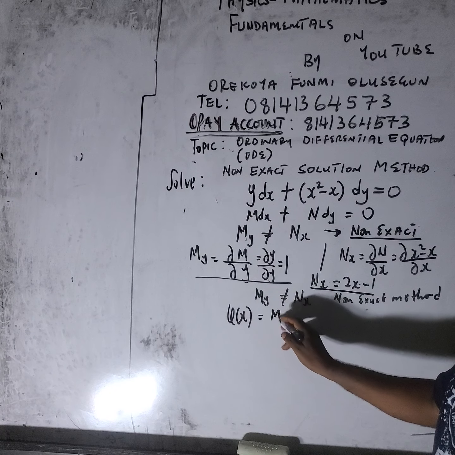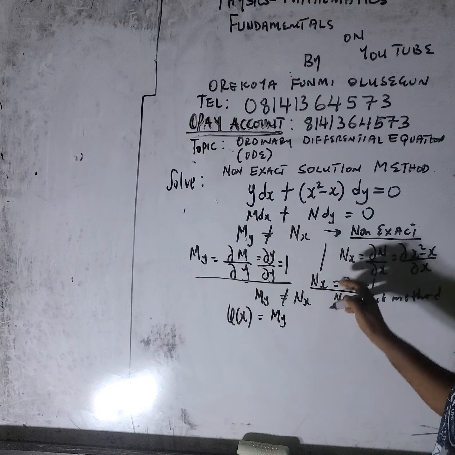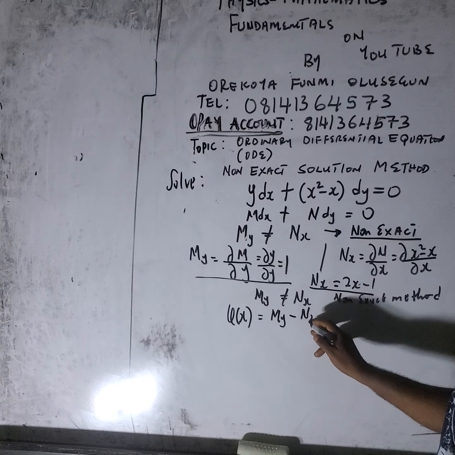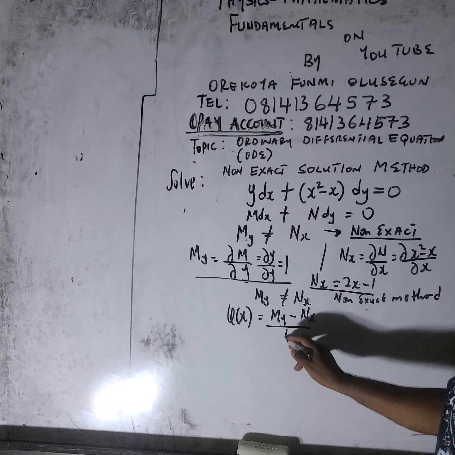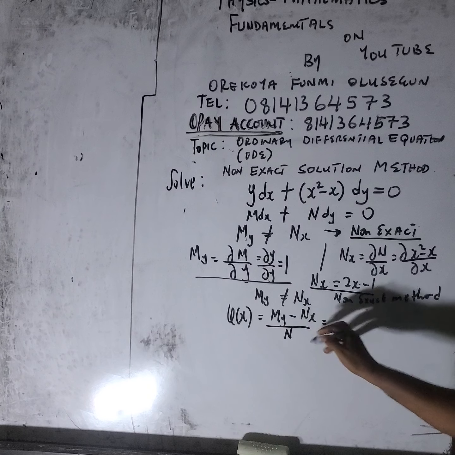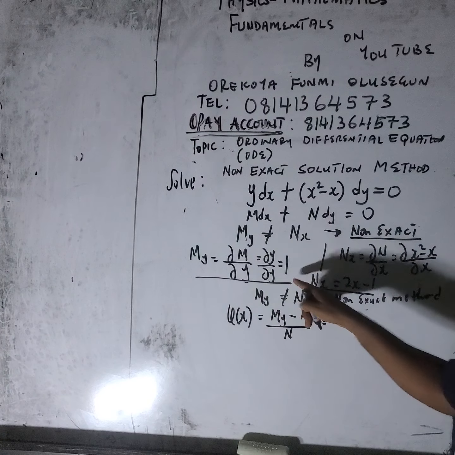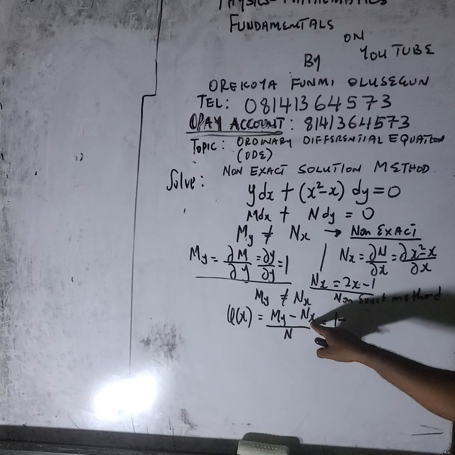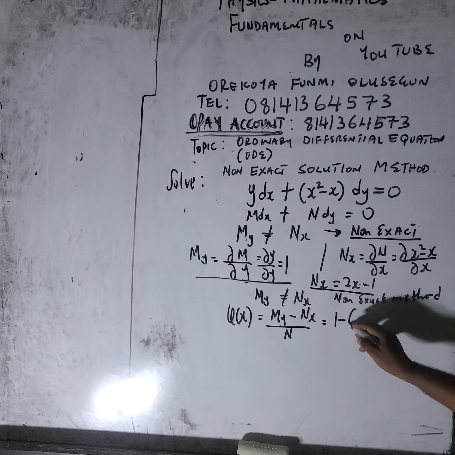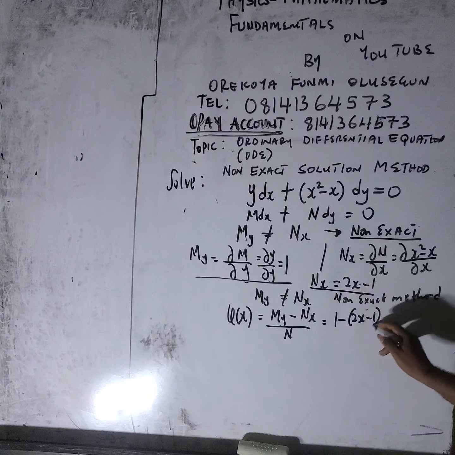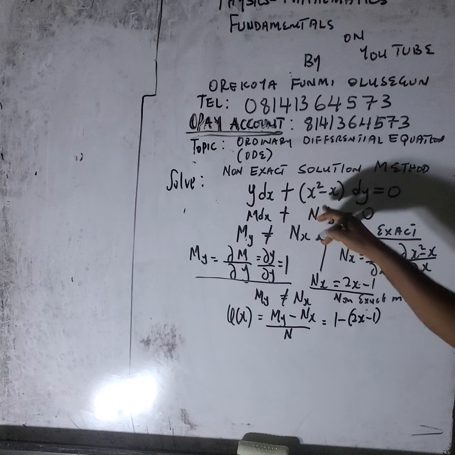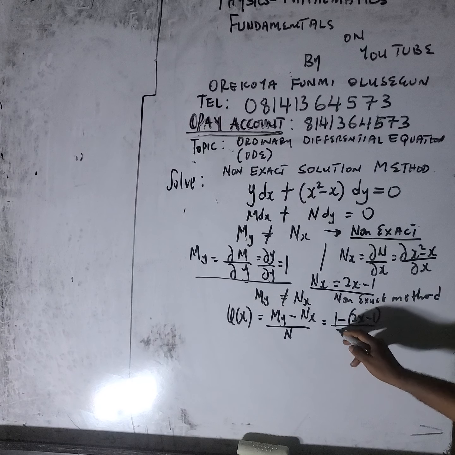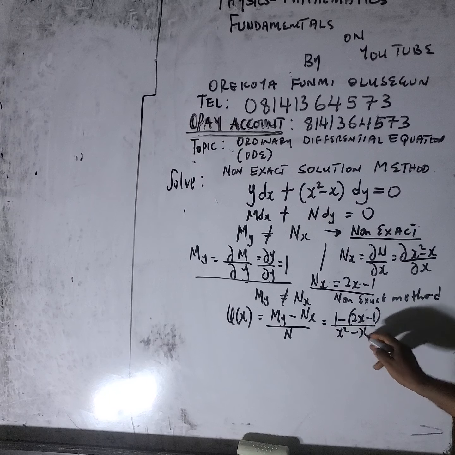It's going to be the difference between this partial derivative and this one, all over this function N. What we have for this partial derivative is 1 minus the partial derivative here, 2x minus 1, then over the function N, which is x squared minus x.